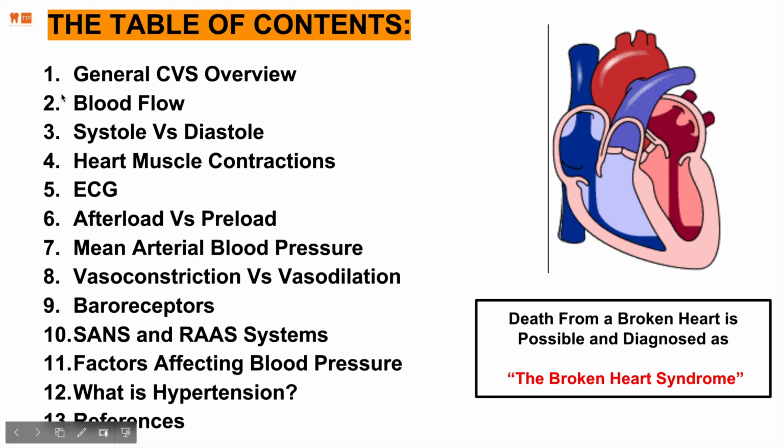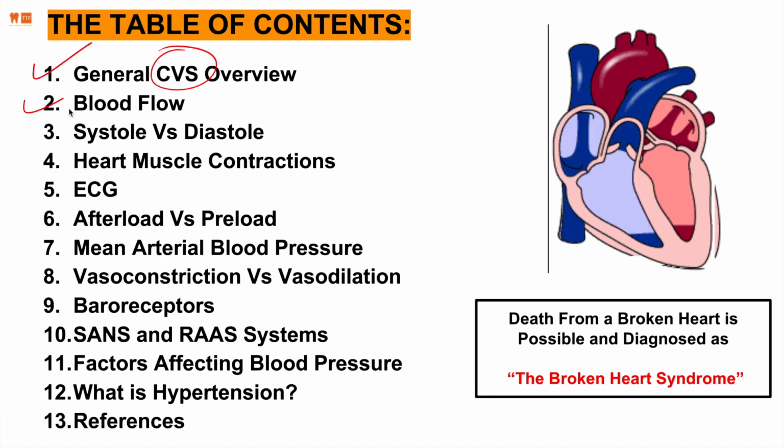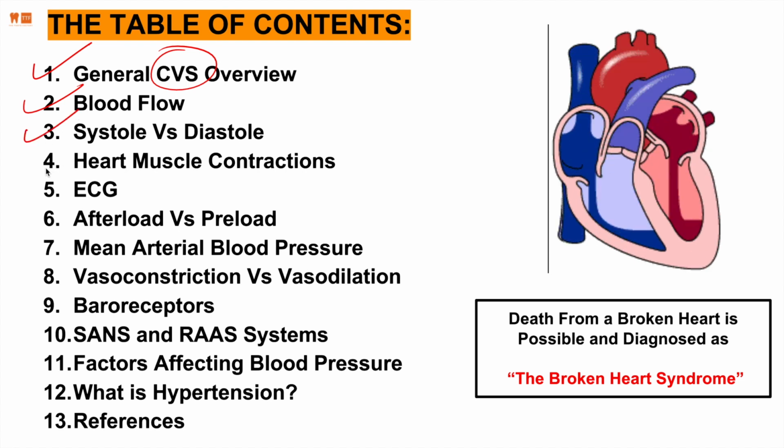So today's table of contents, we're going to go general overview of the entire CVS. Then we'll dig into blood flow, and then of course systole and diastole and heart muscle contractions. Then how ECG is produced, afterload, preload, mean arterial blood pressure. These are the composition of the blood flow that we will dig into deeper.